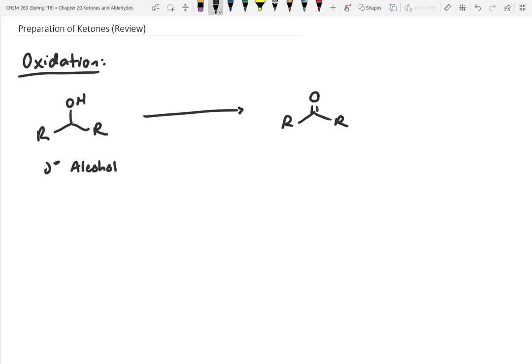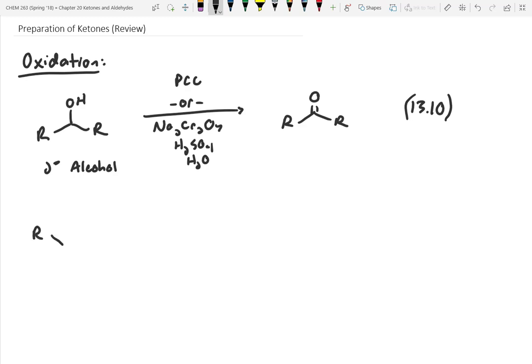What reagent do we need? You can use PCC, or what's the other reagent? Chromic acid. And chromic acid can be made by mixing sodium dichromate with sulfuric acid and water. This was section 13.10, I believe. Depends on the edition of the textbook that you have.